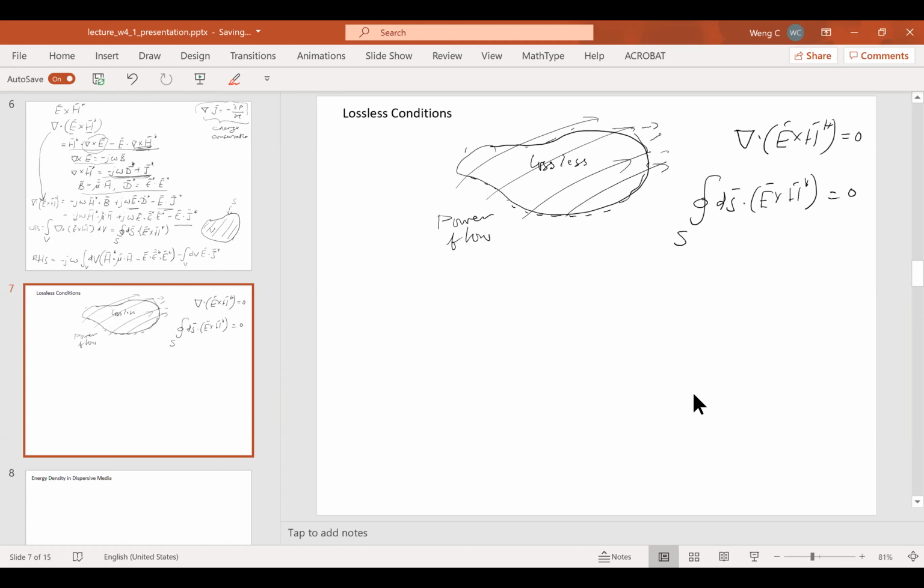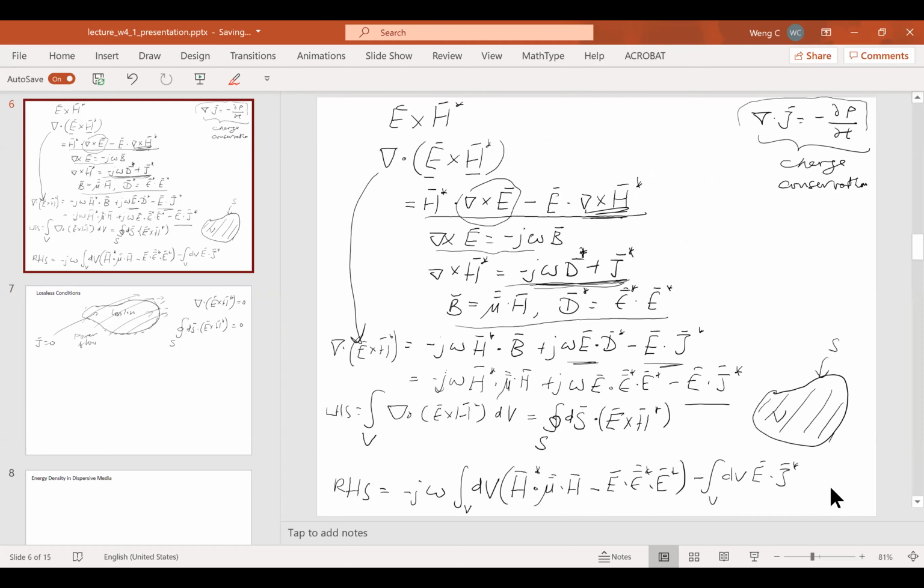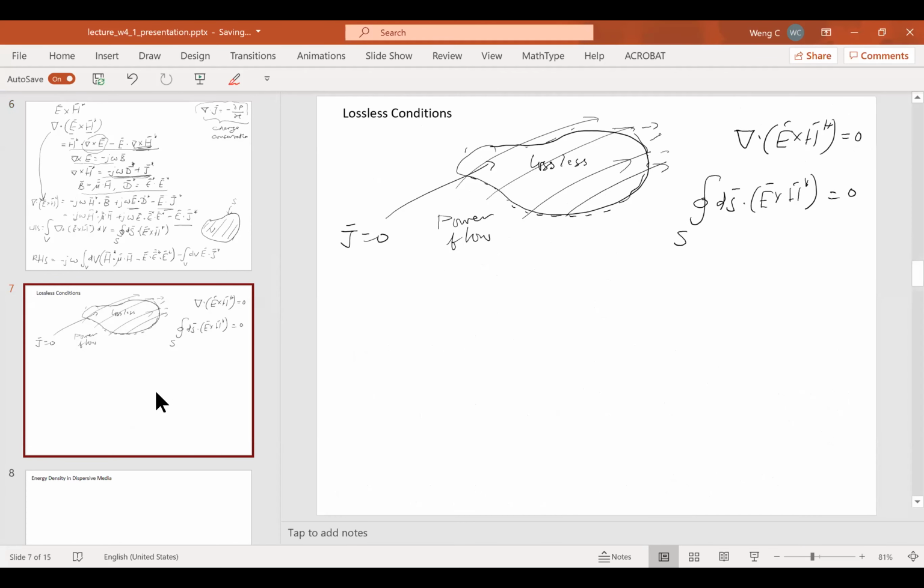And I'm going to make J equal to 0 inside, so there's no J in there, so I can throw out the last term. So if I integrate the left-hand side, it becomes this. It has to become 0.